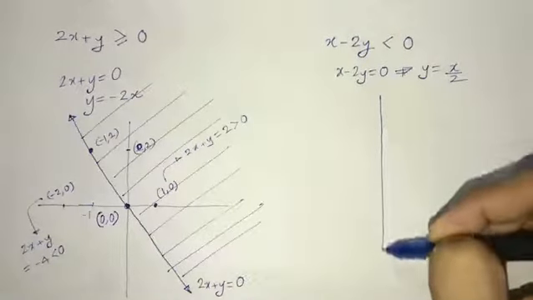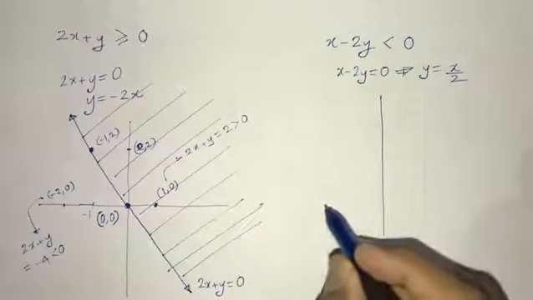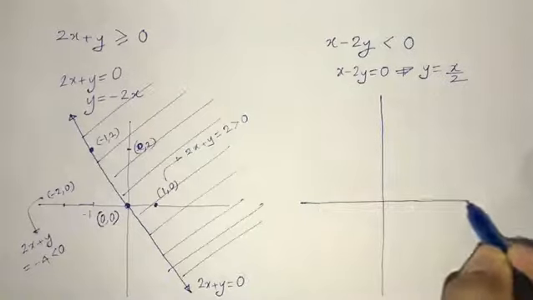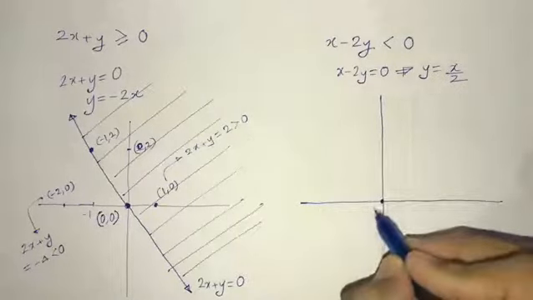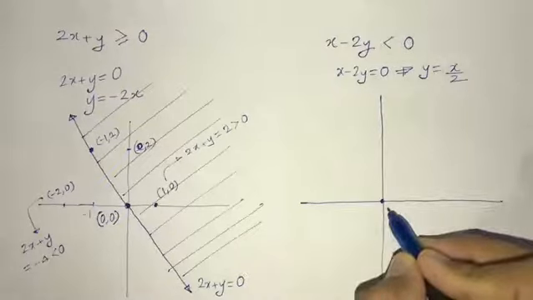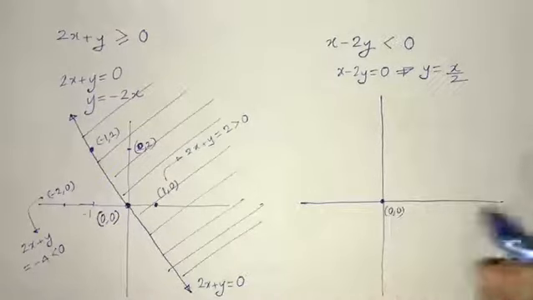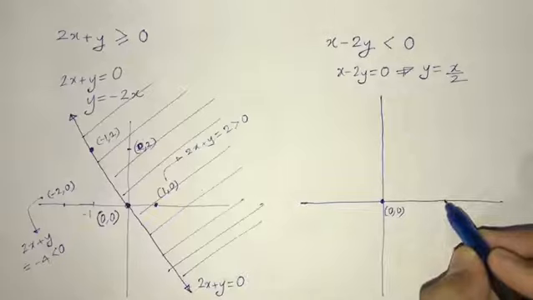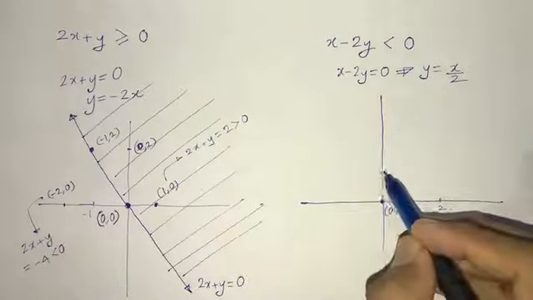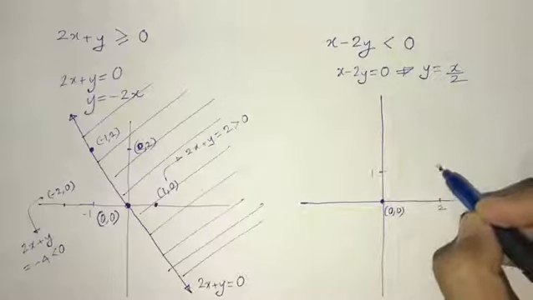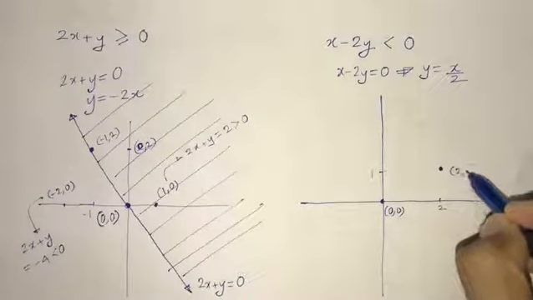In this, the point again is origin. We have 0 comma 0. We have x coordinate as 2, so we are going to get y coordinate as 1. So we have point 2 comma 1.